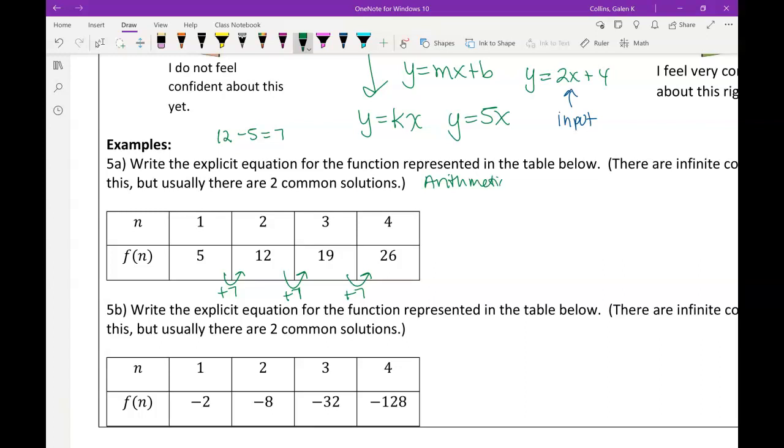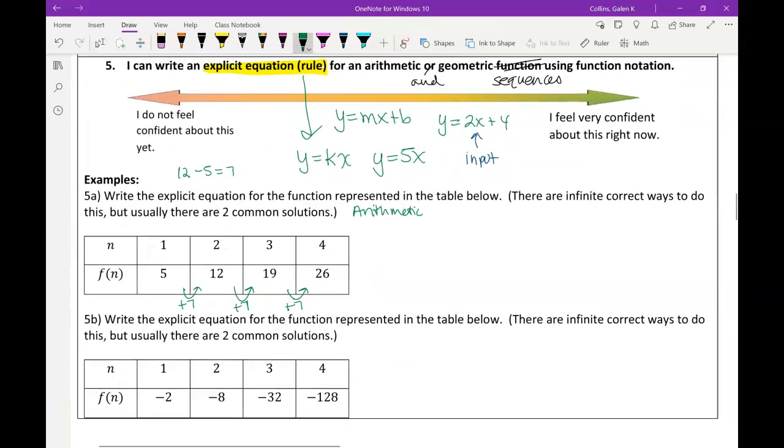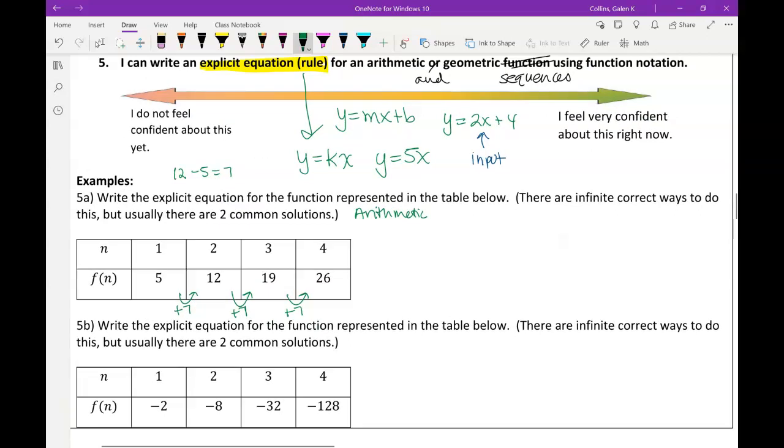And we've talked about how, when we plot the points for an arithmetic sequence, they appear in a line, linear. And we said that things that are linear might have an equation that looks like y equals mx plus b in function notation. So there's a few strategies that we've talked about in class, and we're going to really tighten this up, I think, in Unit 2.